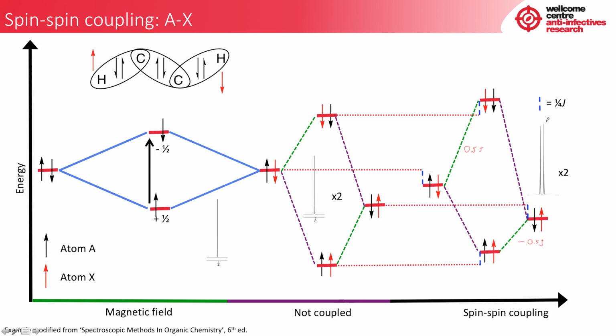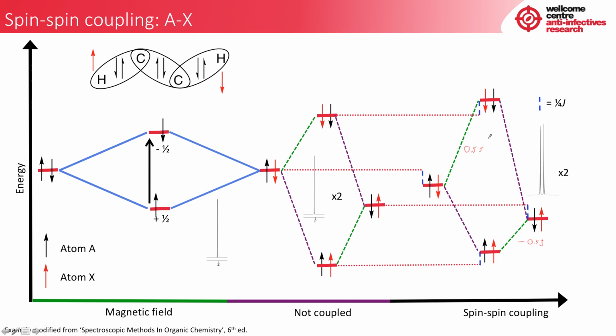And what you can also see from this diagram, if you consider instead X, is that although the transitions themselves and the resulting chemical shifts are different from that observed for A, the difference between the two lines produced is going to be the same.